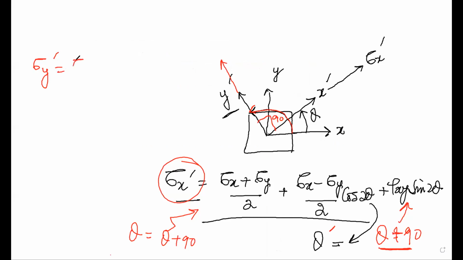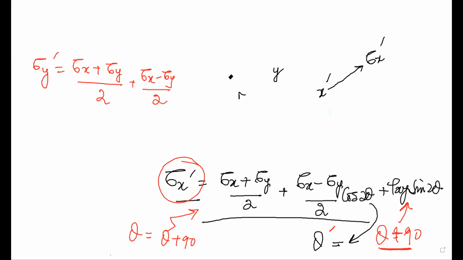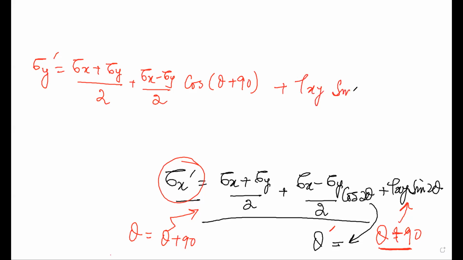Okay, so this is sigma x plus sigma y divided by 2 plus sigma x minus sigma y divided by 2, and in place of this theta I have to write theta plus 90, cos of theta plus 90 plus tau xy sine of theta plus 90.